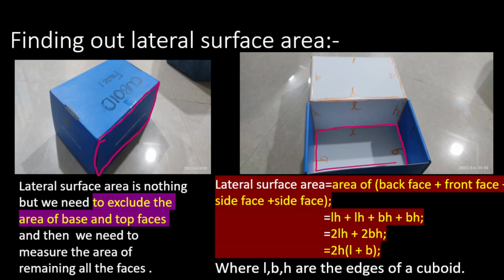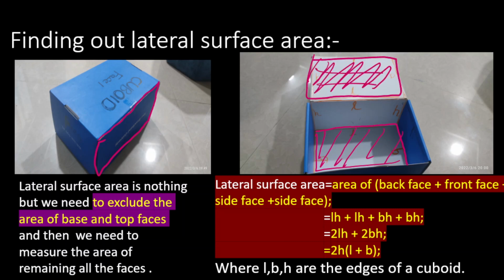Suppose this is the base and this is the top face. We need to exclude these two areas and then find the remaining side areas. These are the four side ends, and we need to find the areas of these four side ends.